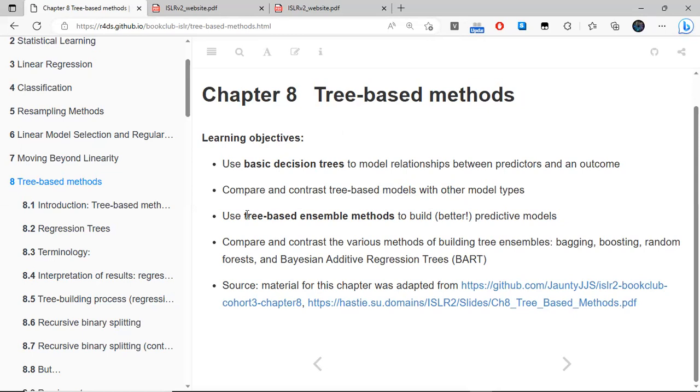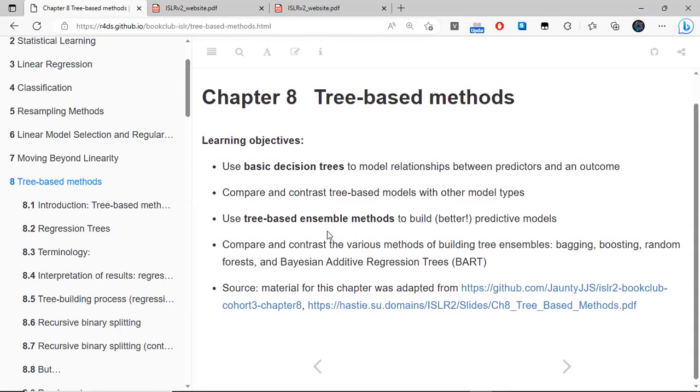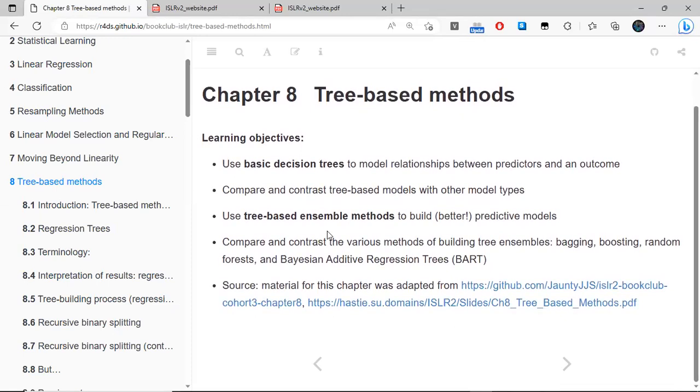In particular, they are called ensemble methods. They're basically a way to average trees in order to improve the prediction accuracy. These are the types of ensemble that we're going to see: Bayesian boosting, random forests, and BART.